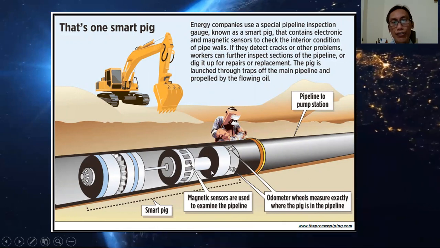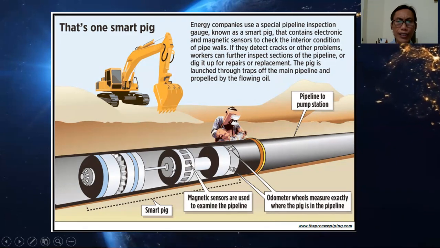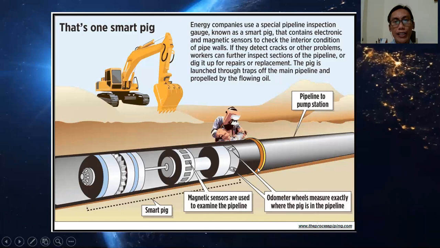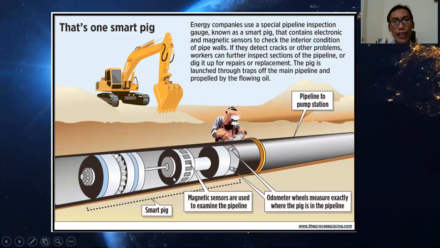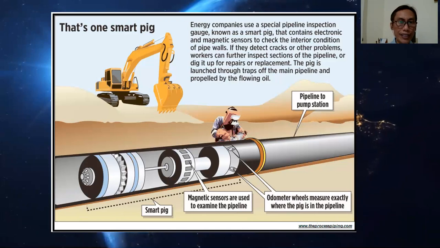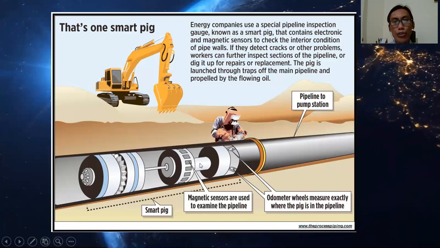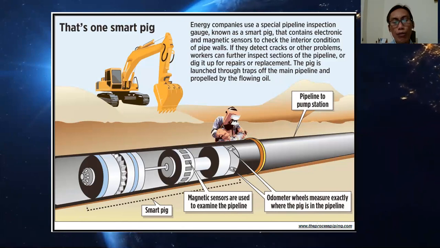The equipment consists of magnetic sensors and some electronic sensors that can examine and collect data inside the pipeline. It is also equipped with an odometer to calculate the distance during the inspection process. So all data is stored in the storage together with the distance, so we know which part of the pipeline has a problem.